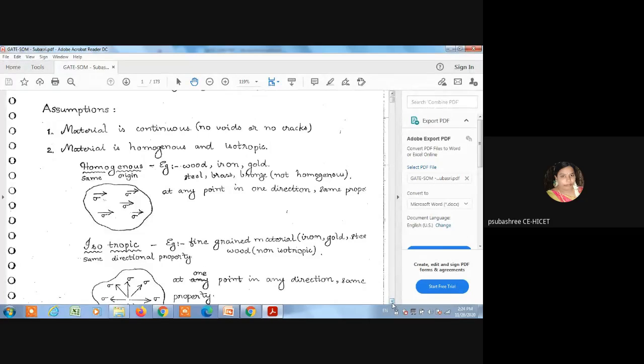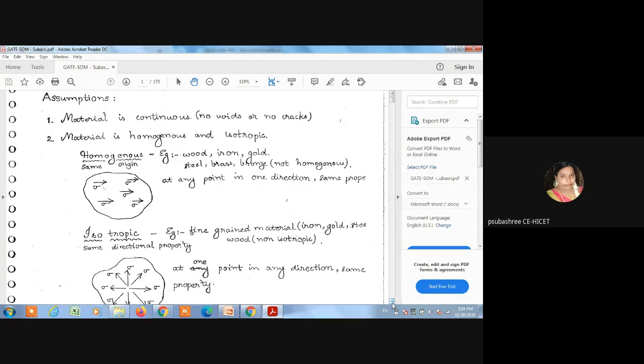So what are the mechanical properties? They are stress, strain, stress strain curve, Young's modulus, shear modulus, bulk modulus, Poisson's ratio, compressive strength, and tensile strength. If the mechanical properties are the same at any cutting point in any direction, it is called homogeneous and isotropic.